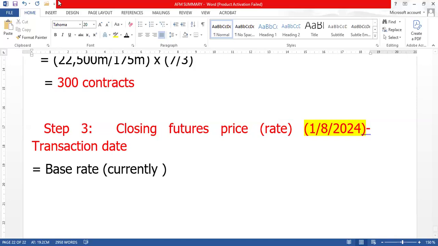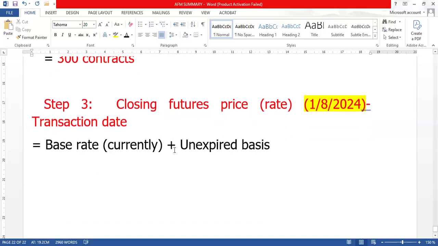What is the interest rate as of now, today? Then I simply add the unexpired basis. If you get an unexpired basis and it is negative, you subtract.